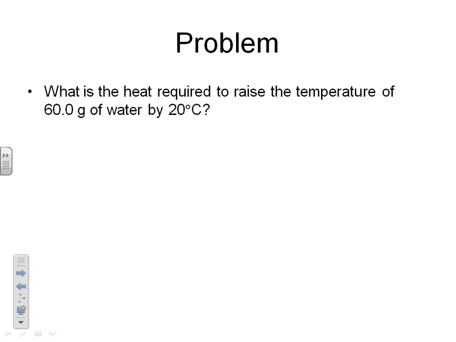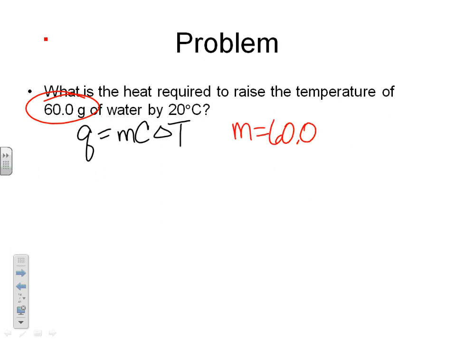In this problem, we have water and we are changing its temperature. Q equals MC delta T is all about if you're changing the temperature of something. So this is the formula that we're going to use for this problem. Breaking down the problem, what information have we been given? Well, right there, 60 grams. We know the mass of the sample.